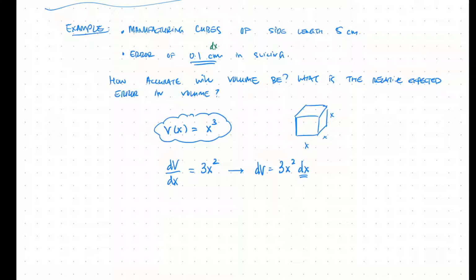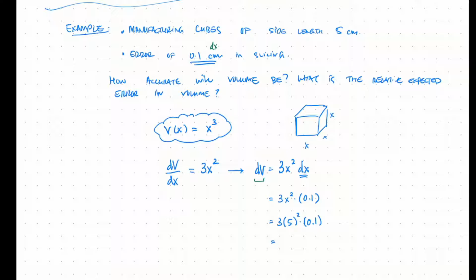That's how off we could expect the input to be, and we want to see what type of change that produces in the volume. So we'll get the resultant change over here. This is really 3x squared times 0.1 centimeters, and we know that we're at 5 centimeters in dimension.